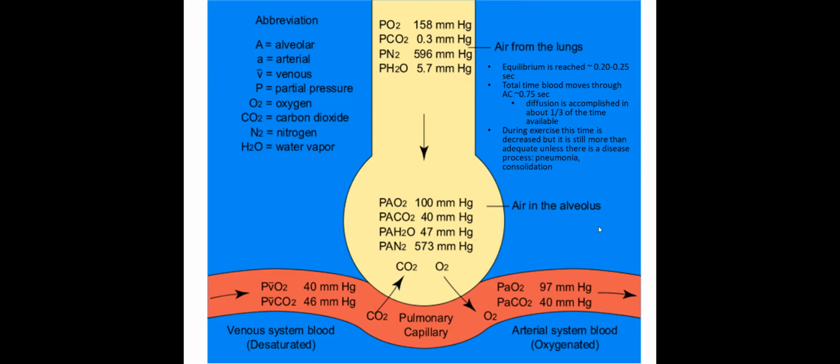Under normal circumstances, with no pathology to the alveolar capillary membrane, diffusion is accomplished in about a third of this time. So it's perfect. During exercise, this time is going to be decreased because cardiac output is faster.